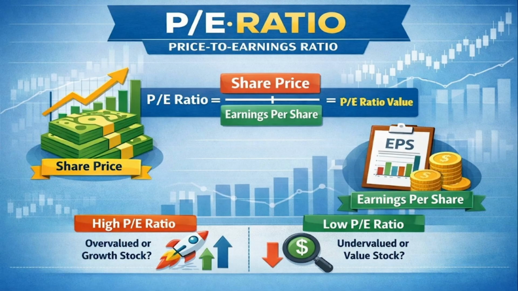A high PE ratio either means it's an overvalued stock or it's a growth stock. And for growth stocks, we should combine it with other readings to find out whether it's a good one or not. A low PE ratio means it's undervalued, or a value stock. Again, to find out if it's a value stock, we need to read this with other calculations as well.